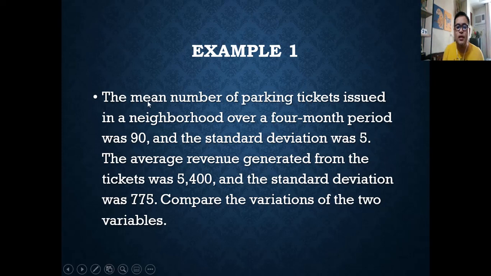Example 1. The mean number of parking tickets issued in a neighborhood over a 4-month period was 90, and the standard deviation was 5. The average revenue generated from the tickets was 5,400, and the standard deviation was 775.